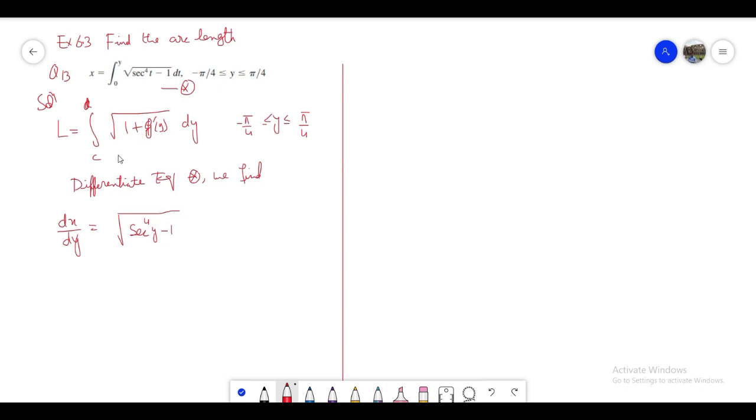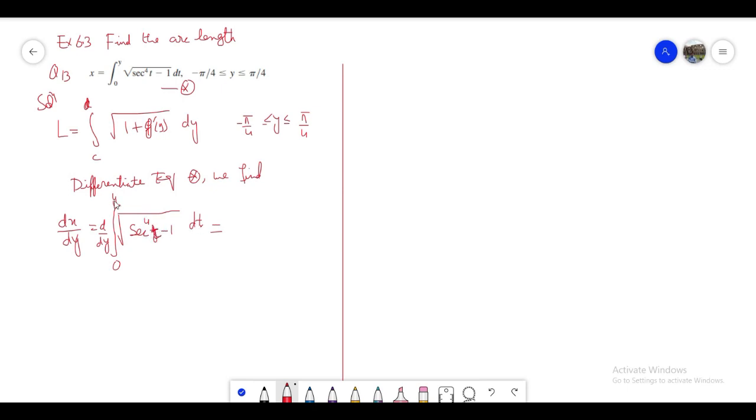Since this is in terms of t, it was 0 to y, and this is dt, and we have to differentiate with respect to dy. Here we have applied the first fundamental theorem we have already studied in the previous chapter. So altogether this will become, sorry, this is t, secant square t.